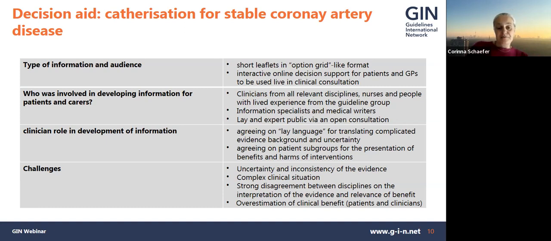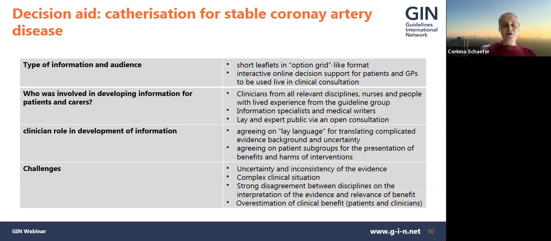And the challenges, besides what Karen said, in this specific case was that there was so much uncertainty and inconsistency of the evidence. Because you have direct comparisons, you have indirect comparisons, you have only one trial that tested the intervention of having this catheterization plus the emerging procedure, either bypass surgery or stenting.